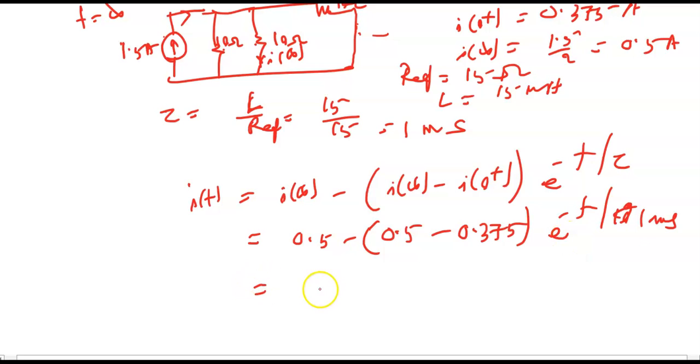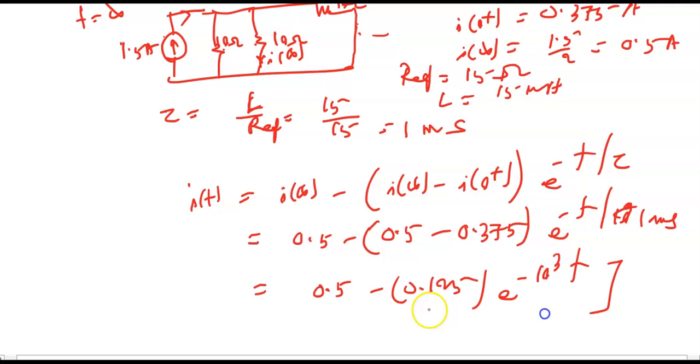So ultimately 0.5 minus 0.375 is 0.125, right? 0.125 e to the power minus 10 to the power 3 t.